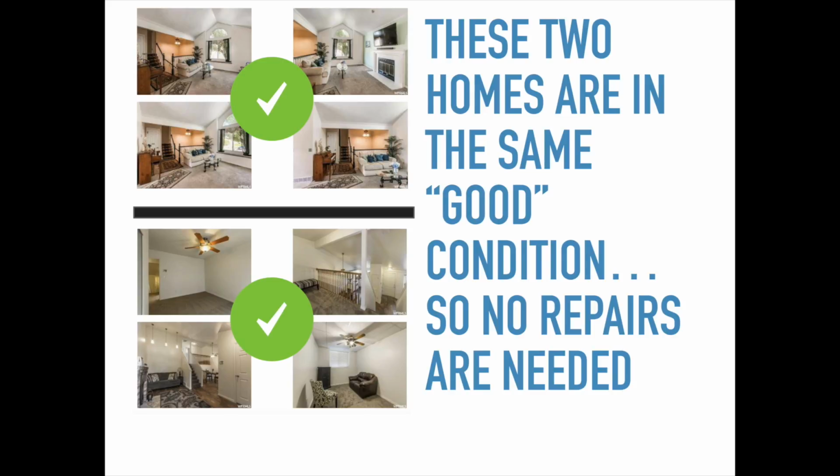If I look at the first one, it looks like I have nice new paint, the carpet looks good, I have good lighting, a nice painted mantle. Everything about the house looks good. Then I look at my house and I've got updated floor, updated lighting, my carpet looks good, my paint looks good. No repairs are needed because both of these homes are in good condition. Does that make sense? So I'm not going to make any repairs to this one because I'm ready to go and market it as it is.